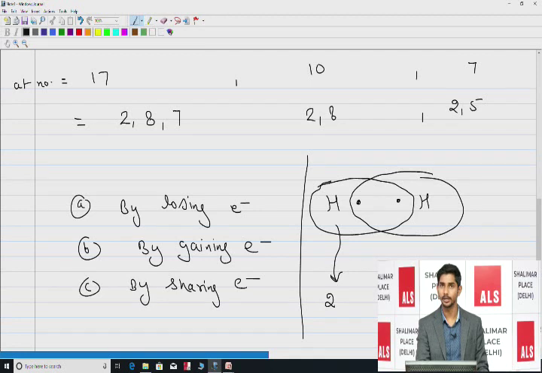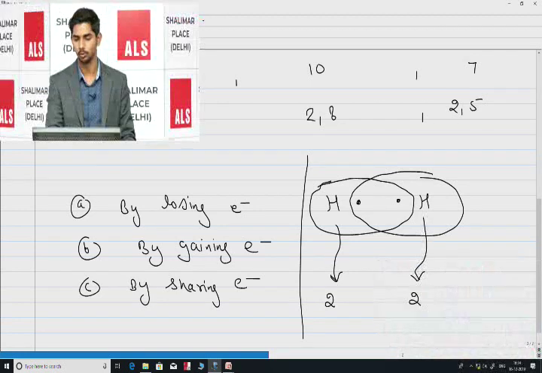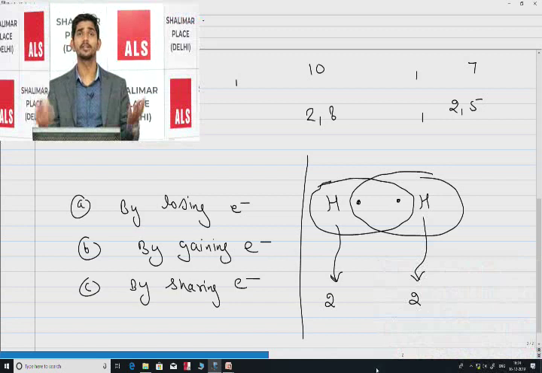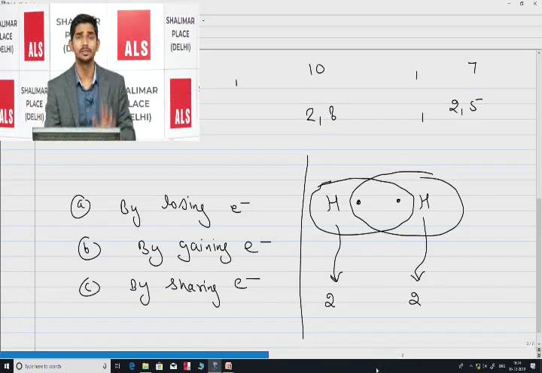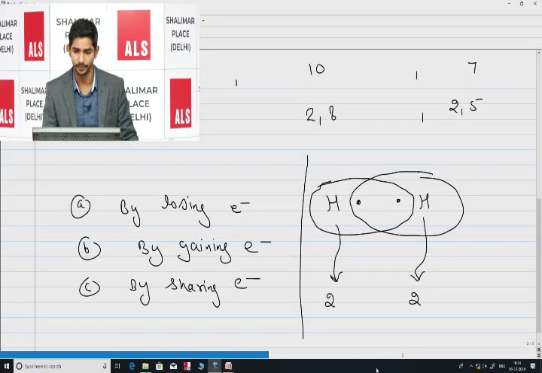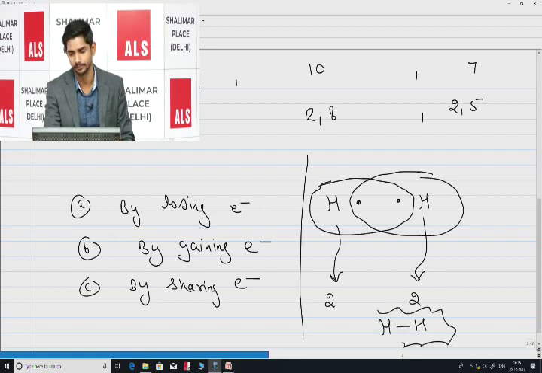This has the 2 electrons and this one also has what? 2 electrons. So, it means that both have the complete octet. Means hydrogen is the only case where we need to check the 2 electrons in the outermost shell. Otherwise, always we need to check the 8 electrons. Okay. So, this is how they have got the octet completion, and this can exist like this.